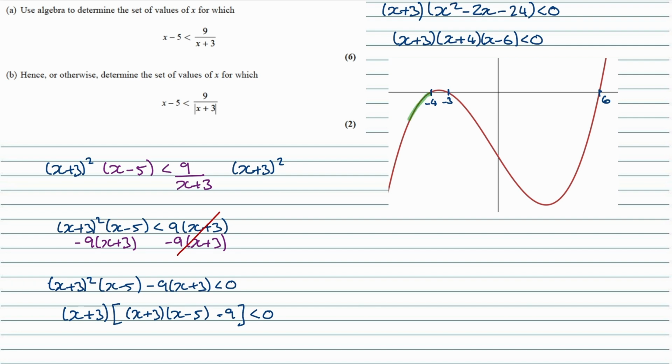So this will be here and between the negative 3 and the positive 6. So using set notation, our solutions, x will be less than negative 4, or less than positive 6 but greater than negative 3. So that's the answer for part A.